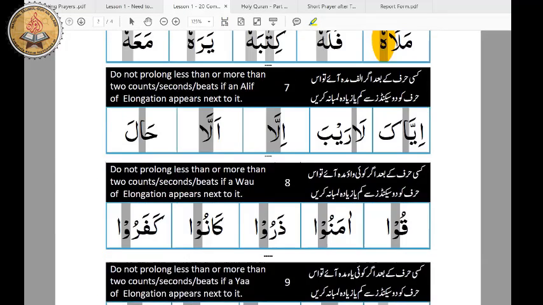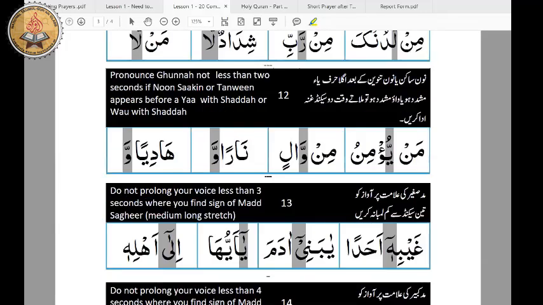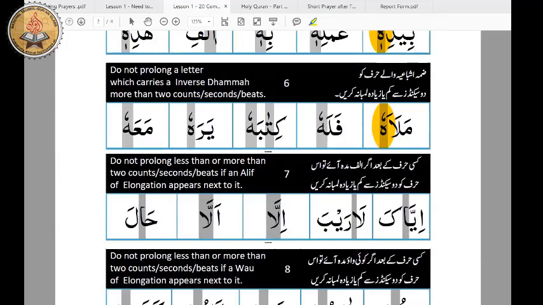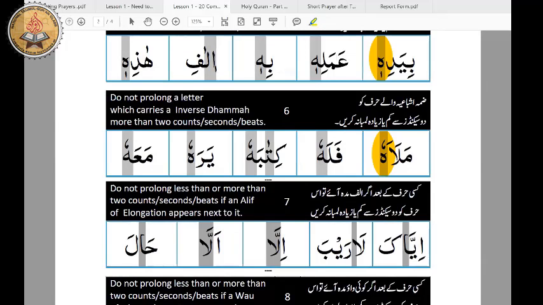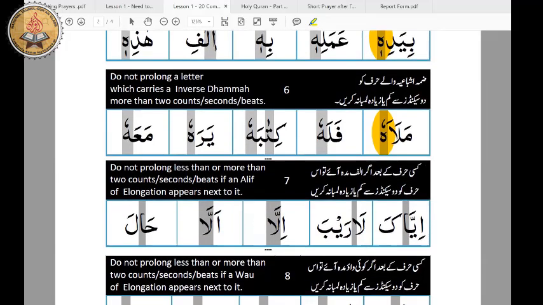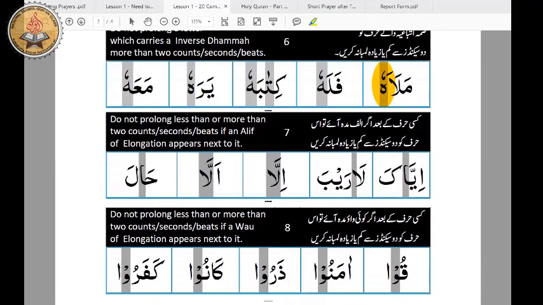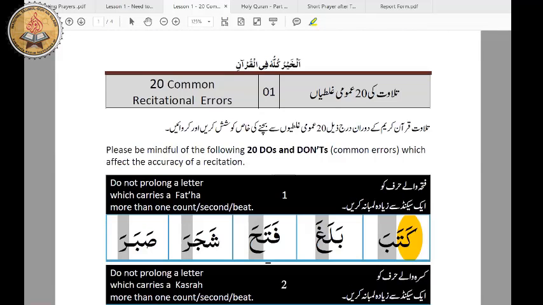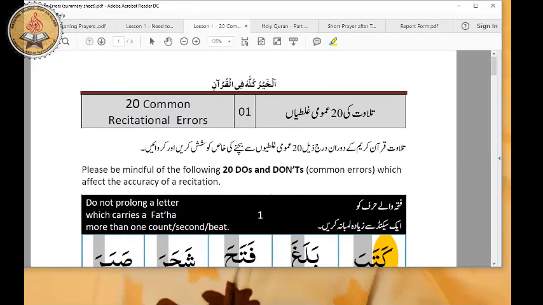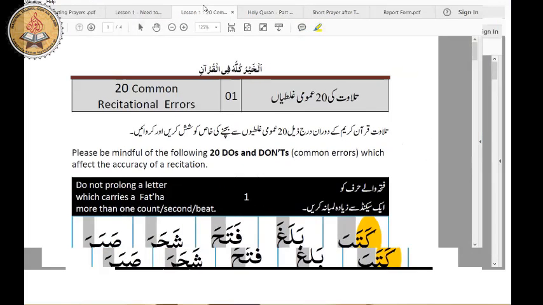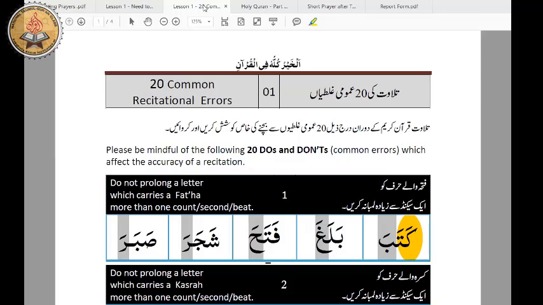There are different errors that you can make, but the ones that we've talked about today are about Fatha, Dhamma, Kasra, and Alif, Waw, and Ya. So if you can just go over them again, and practice them every day on a routine, inshallah you'll see that it does make a difference.